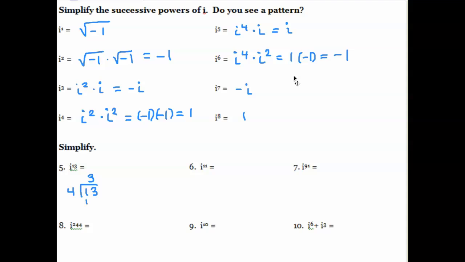What I care about is the remainder, which is 1. Whatever the remainder is when you divide by 4 is the part of the cycle you are in. So i to the 13 is the same as i, because it's the first term in the cycle of 4.